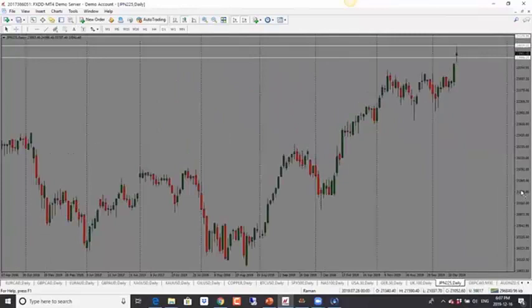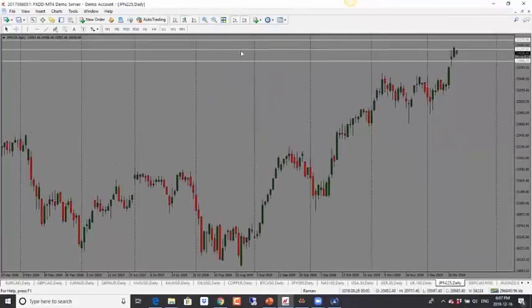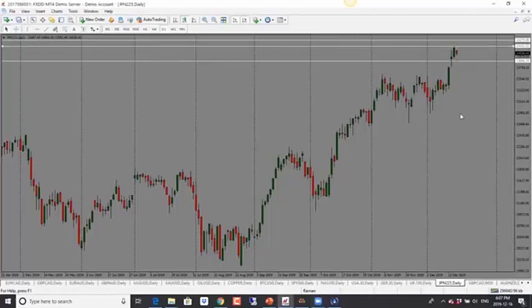And then last but not least, we have Nikkei here. The daily candle close here was bullish.